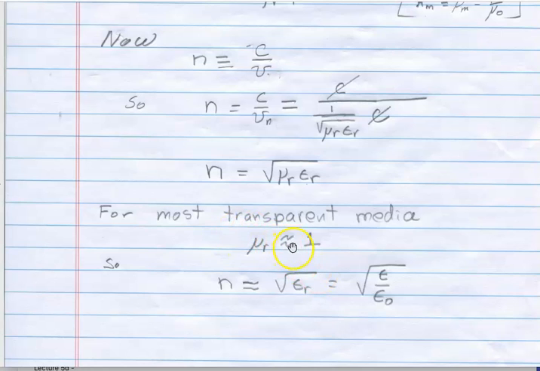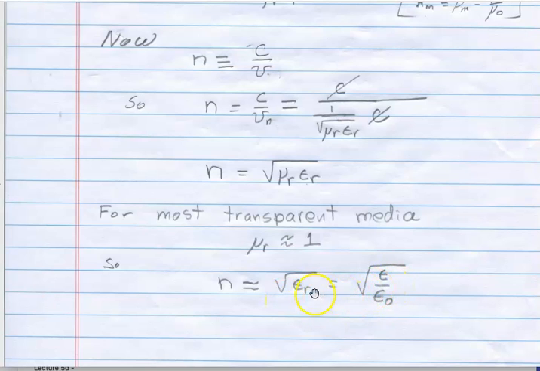But in any event, it's close to 1, and when I square root it, that makes it even closer to 1. And so, to a very good approximation for transparent media, the index of refraction is approximately equal, if I set this equal to 1, to simply the square root of the relative permittivity of the transparent material that the light is propagating in.